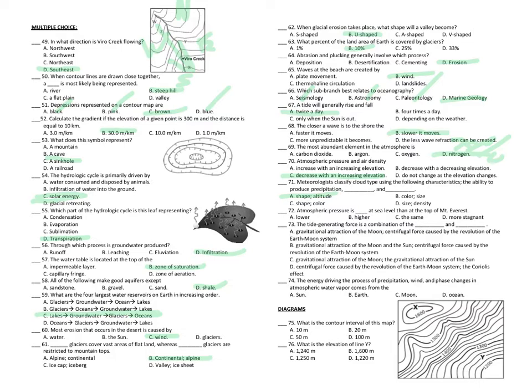Atmospheric pressure is higher at sea level. This was actually a homework question that you guys did. All right, tide generating force combination of B, the attraction of the moon and sun, and then centrifugal force caused by the revolution of the sun and moon. The energy driving the processes of precipitation, wind, phase change, that's all going to come from the sun.